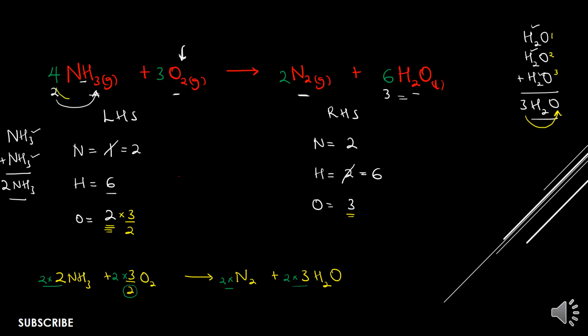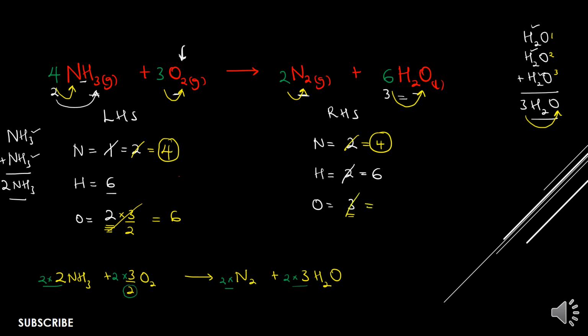Nitrogen, we have 4. So I'll cross out my 2. Now we have new atoms. We have 4. On our right hand side, 2 times 2, it is 4. Yes, nitrogen is balanced, 4, 4. We go to oxygen. Oxygen, 3 times 2, 6. Okay, I've skipped hydrogen, but no problem. So we now have 6. On our right hand side, 6 is already shown here. 6 water molecules, so 6 oxygen atoms.